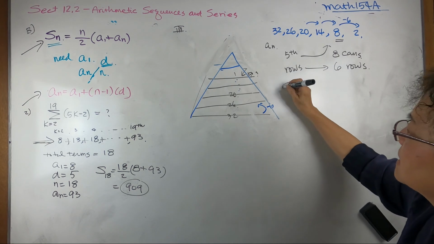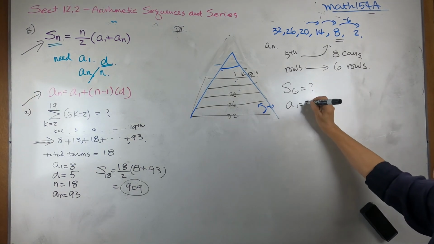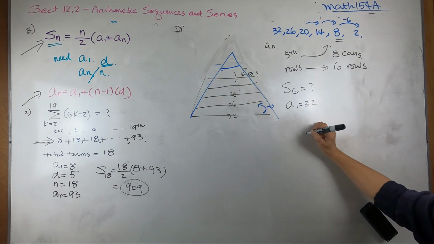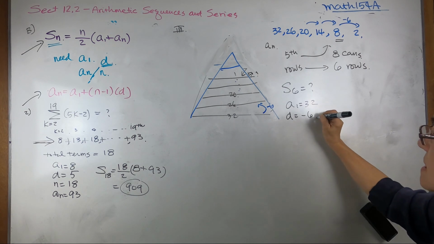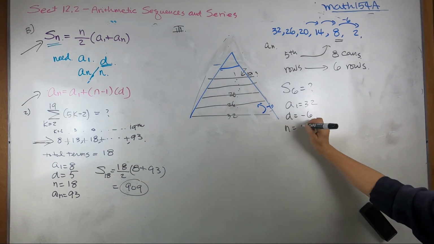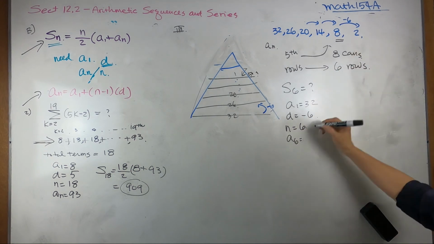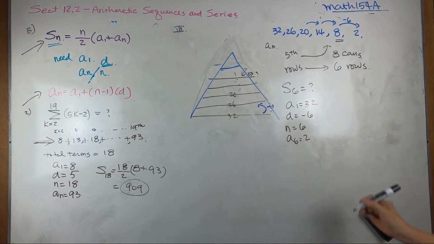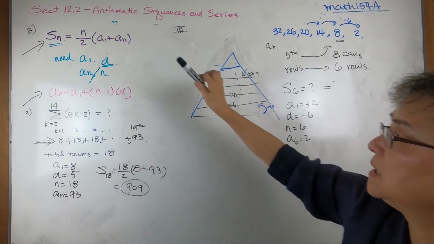So let's write it down. We want to find out at 6. What's your A1? A1 is 32, right? What's your D? That's your D, negative 6. What's your N? N is 6, right? A6 will be what? That's 2. We know that. So what's S6? It will be the first formula.